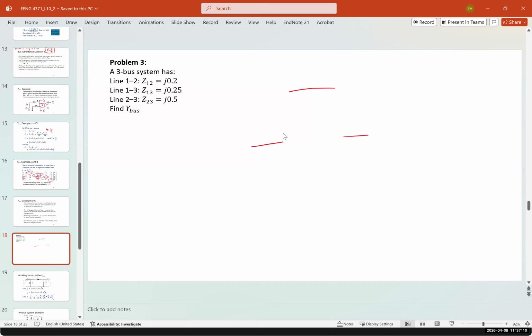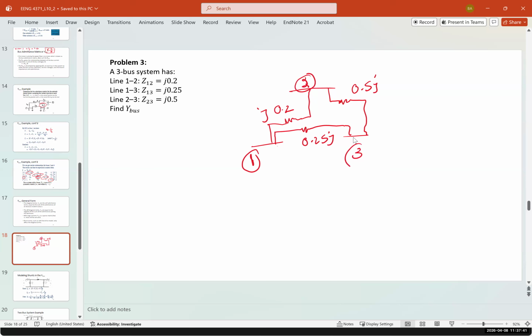So we have 3 buses, Z12 is 0.2j, Z13 is 0.25j, and Z23 is 0.5j. This is bus number 1, 2, and 3.